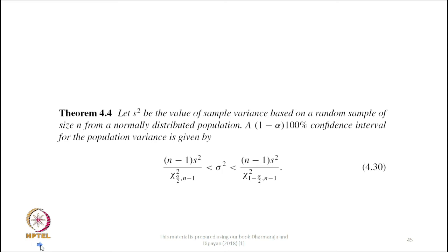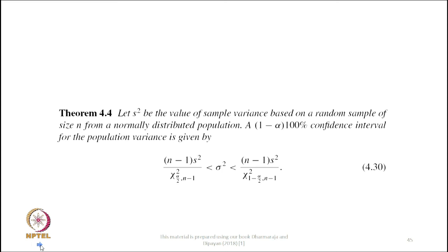We will not use notation like the standard normal distribution or the t distribution, because those two are symmetric distributions. Therefore, you can easily represent the right tail probability and the left tail probability with one point with a minus sign. But here the chi-square distribution is not a symmetric one.